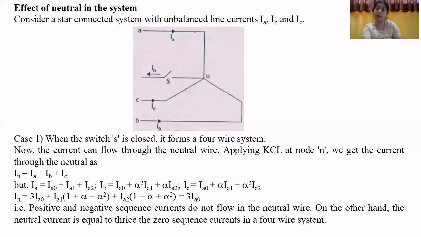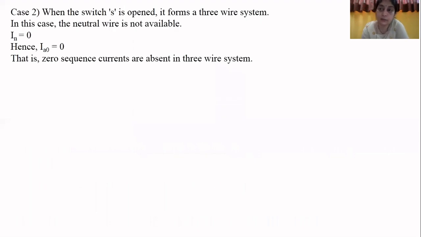Next, what happens if the switch is open? If the switch is open, that means there is no current flowing, that is IN is 0. But we have just seen that IN is equal to 3 times IA0. If IN is 0, it indicates that IA0 is also 0. It means that in case of a three-wire system, IA0 is 0.